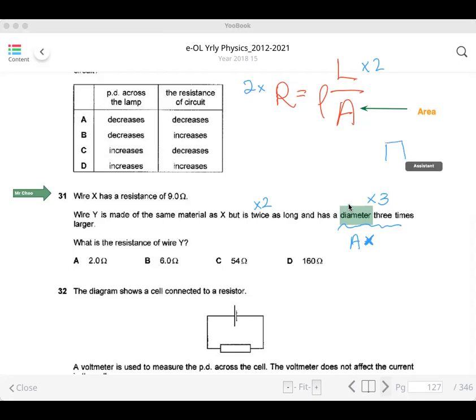Go and count. If this is 1 by 1, what happened to the area if it's 3 by 3? Or another way, if your circle has radius 1, what happened if your radius becomes 3? Does your area increase by 3 times or something else? Go and calculate.